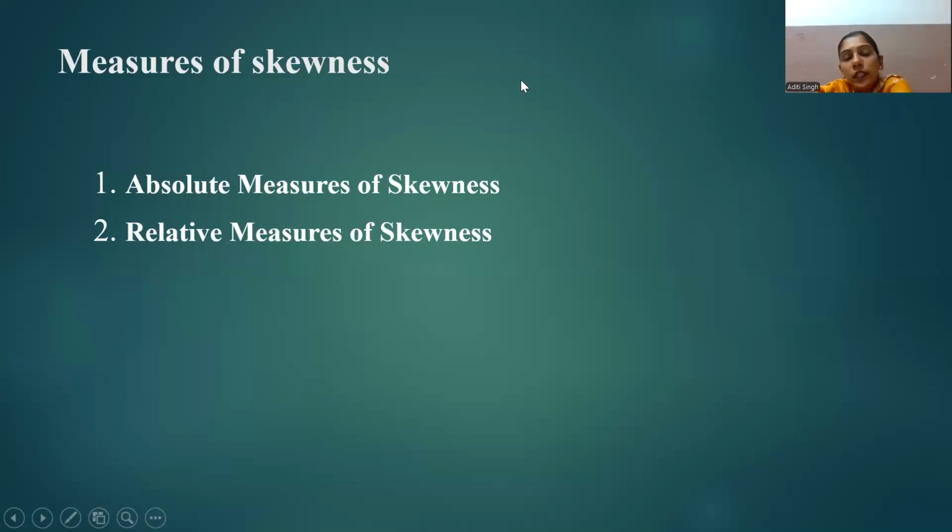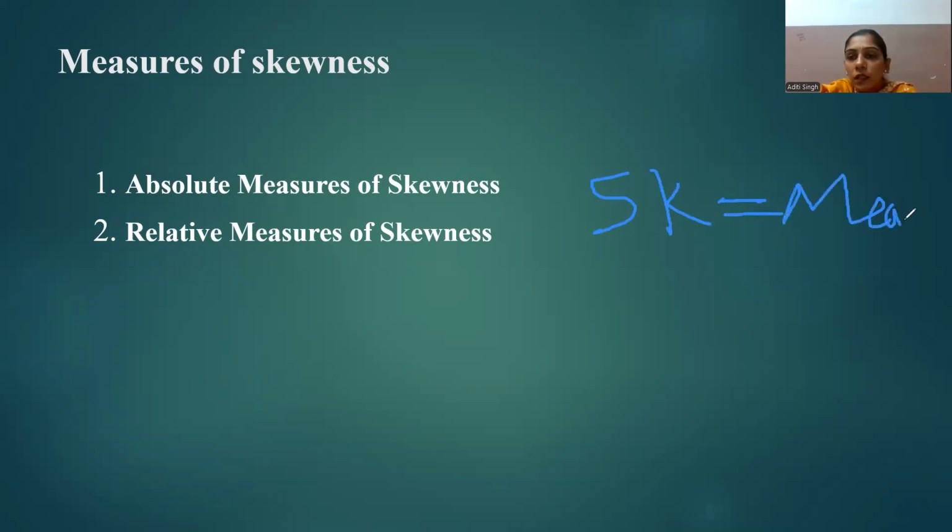In the absolute measure, we can calculate the value of skewness, denoted by Sk, which is equal to mean minus median.